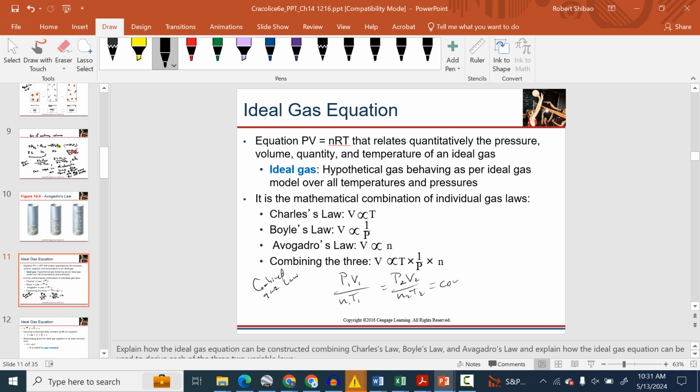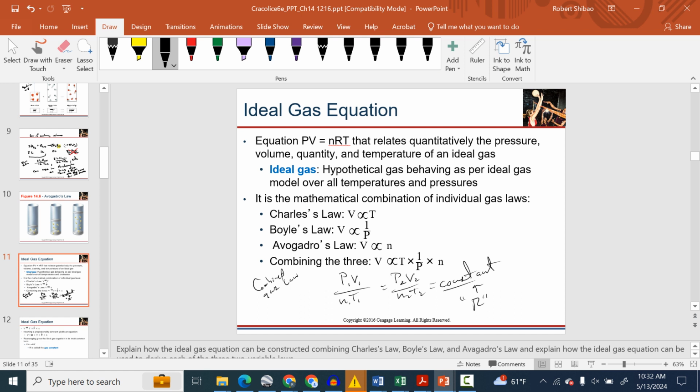This is equal to a constant, so this ratio is always equal to a constant. This constant we call R. And R depends on the units that we use for pressure and volume.